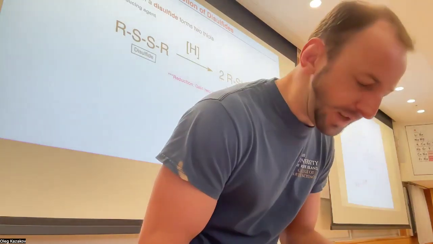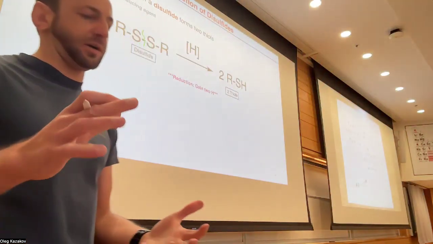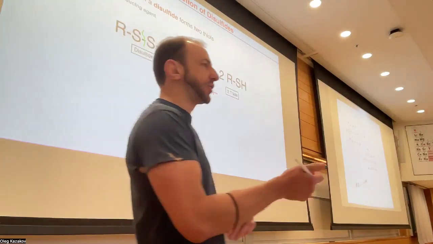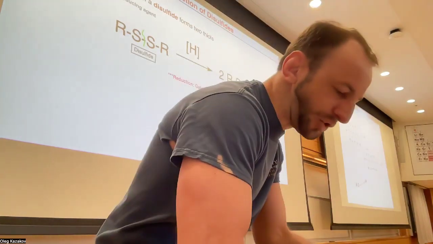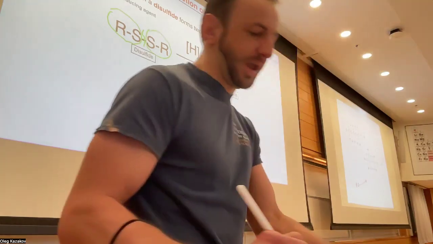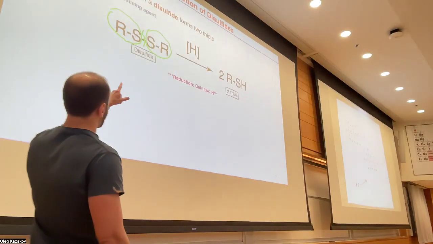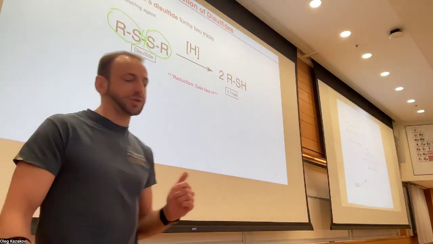This bond will be broken, then it will be hydrogenated, so hydrogen will be added here. You are going to go from RS pieces, in green here, to RSH, so you are going to form two RSH. That's your balancing of the equation here.